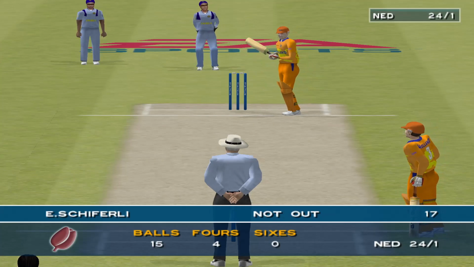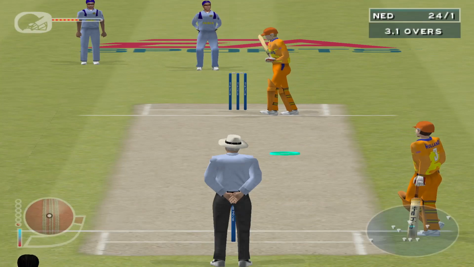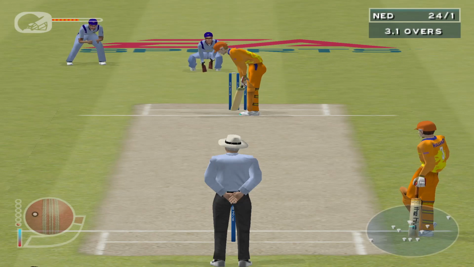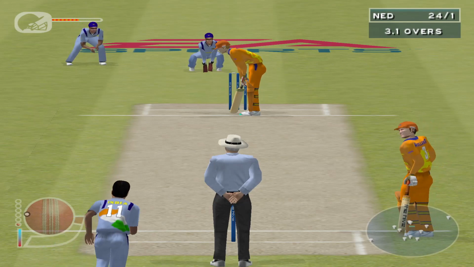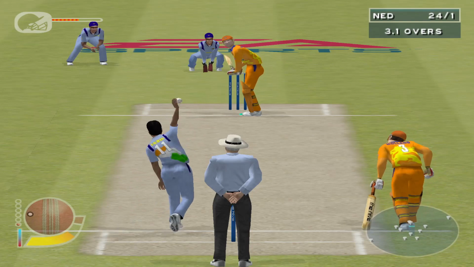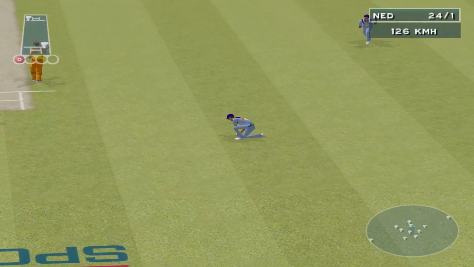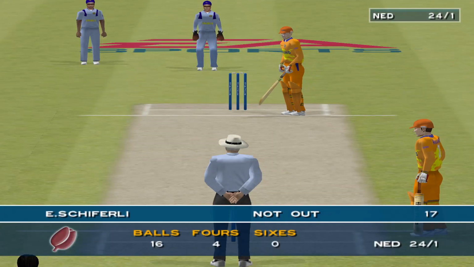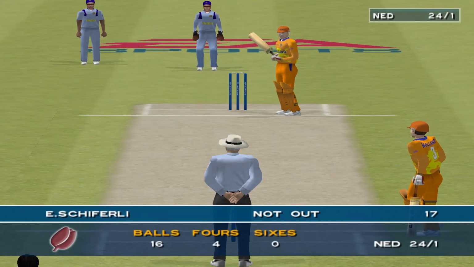There's just one there. Stopped by Ganguly. Schifferli waiting at the striker's end.